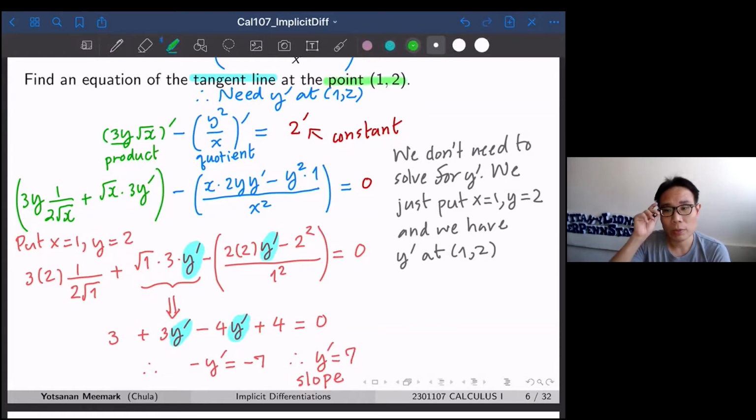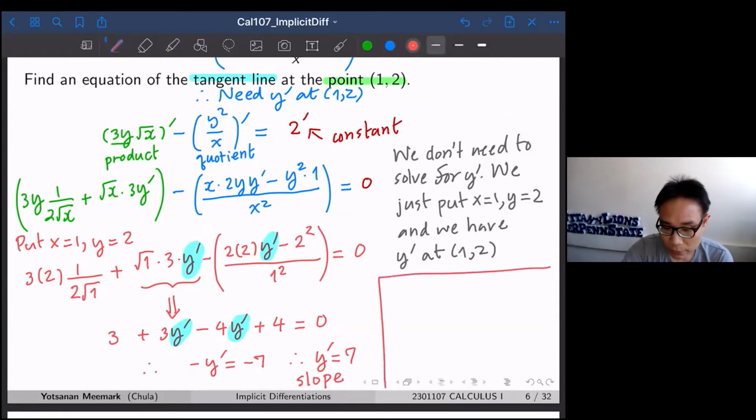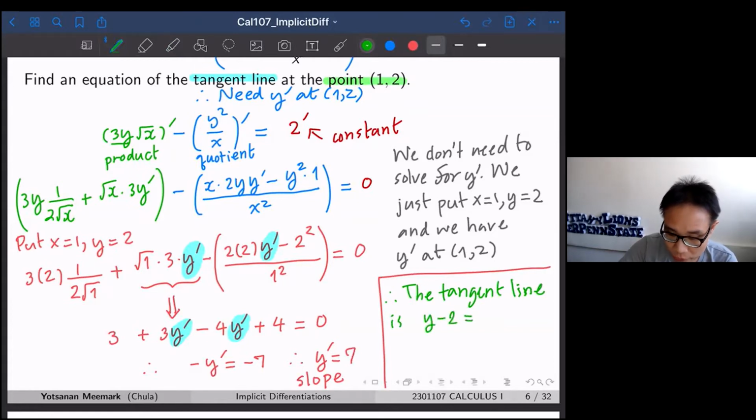You have the point (1, 2), so the tangent line is given by y minus 2 equal to 7(x minus 1).